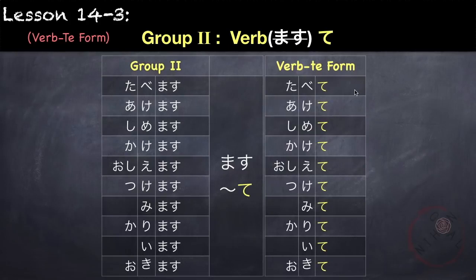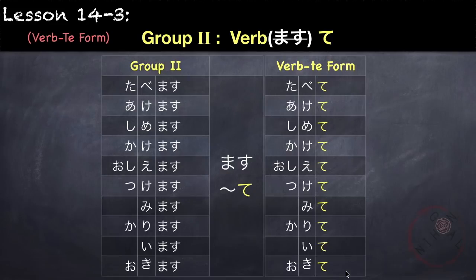Tabemasu becomes tabete. Akemasu becomes akete. Shimemasu becomes shimete. Kakemasu becomes kakete. Oshiemasu becomes oshiete. Tsukemasu becomes tsukete. Mimasu becomes mite. Karimasu becomes karite. Imasu becomes ite.